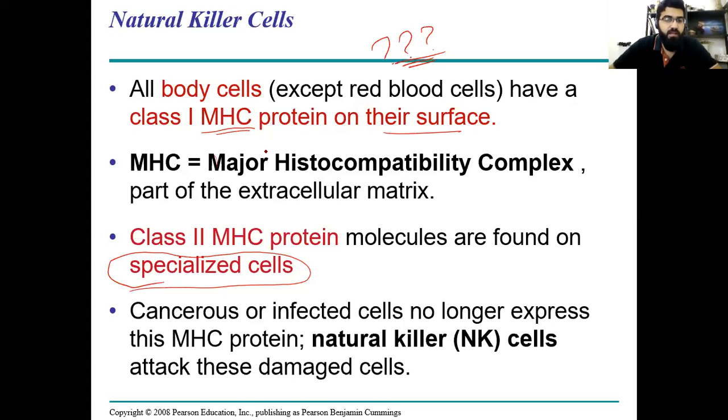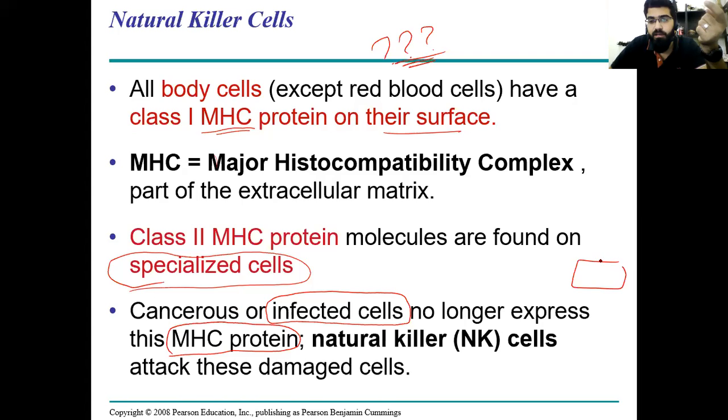But cancerous or infected cells, which have pathogens inside them, no longer express this MHC protein on their surface. This means that if the cell is a cancerous cell or infected cell, there's no MHC on the surface.